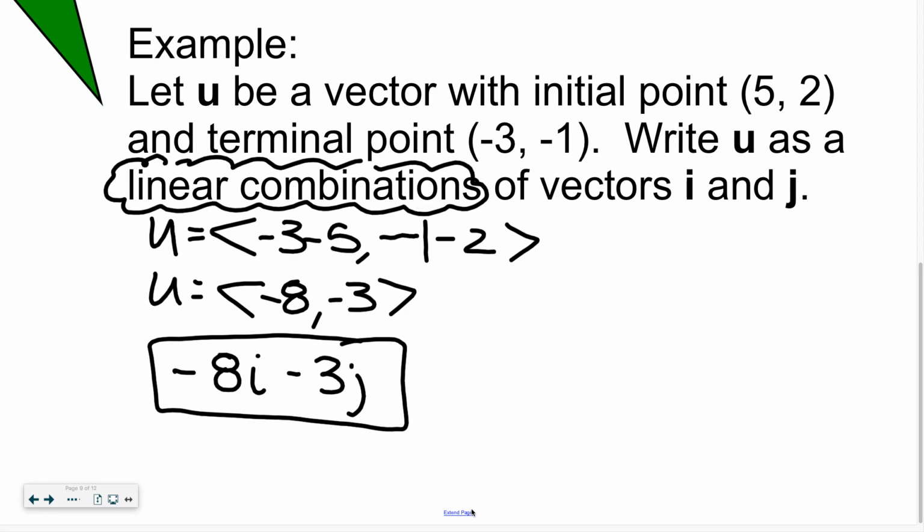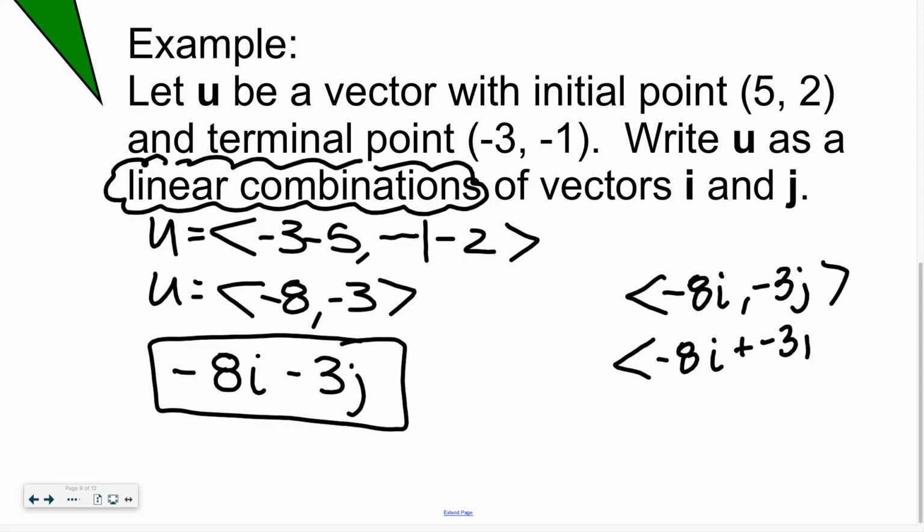Be careful. These things are not correct linear combination forms. Wrong. It has the brackets. It shouldn't have brackets. It has a comma. It should have a plus. Wrong. Shouldn't have brackets.